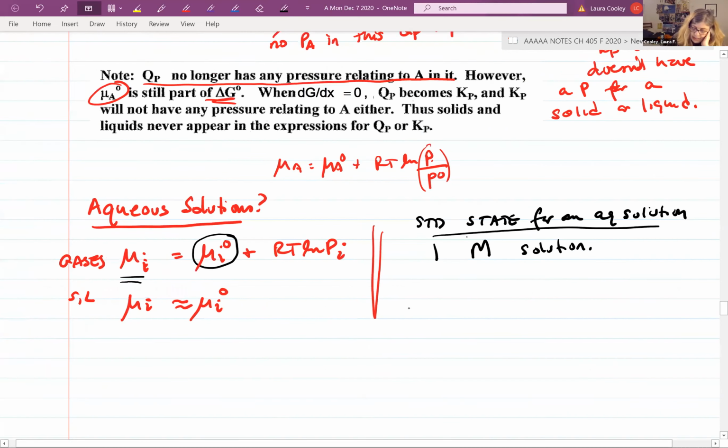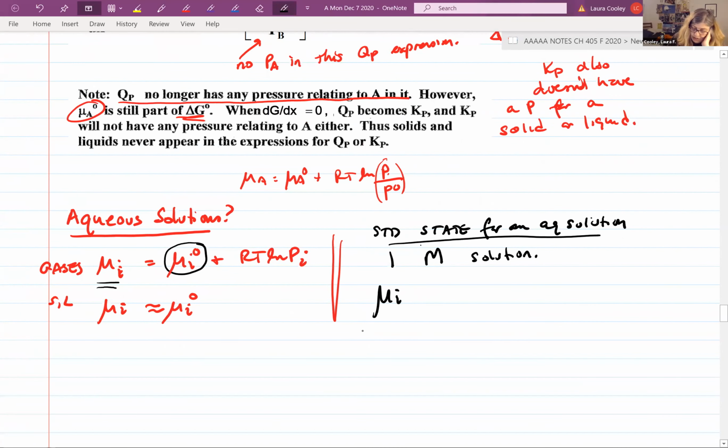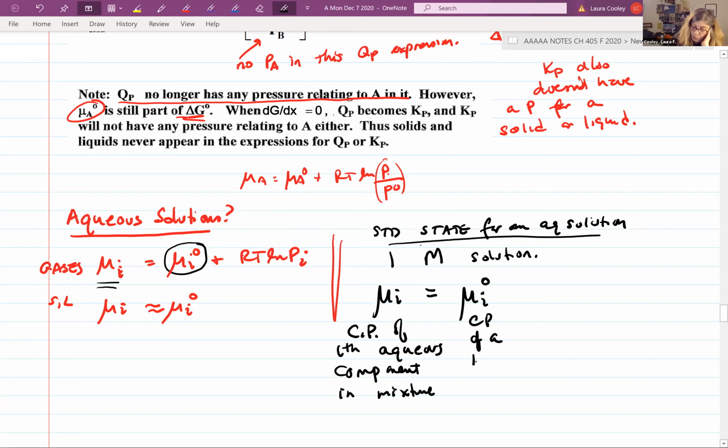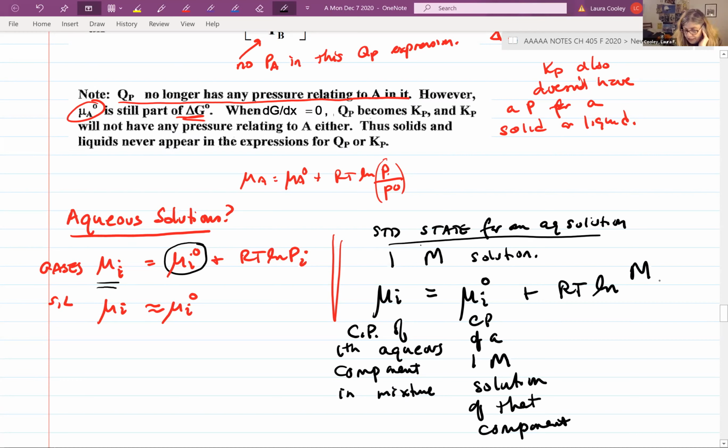So for aqueous solutions, the chemical potential of the ith aqueous component in a mixture is equal to the chemical potential of a 1 molar solution of that component plus RT times the log of the molarity of the ith component divided by the molarity of a 1 molar solution, which is 1 molar. And so again, we're dividing by 1.